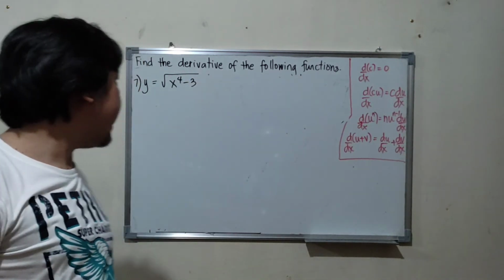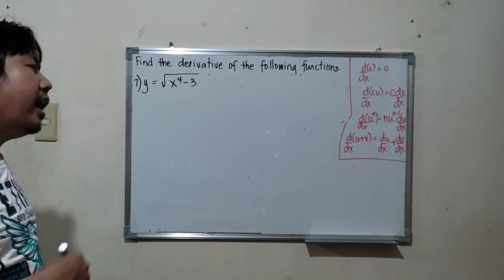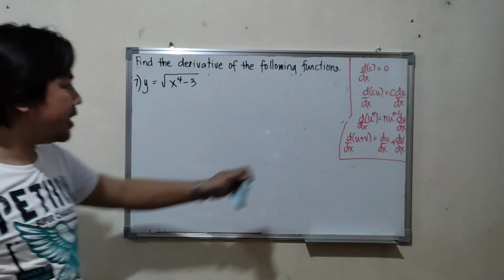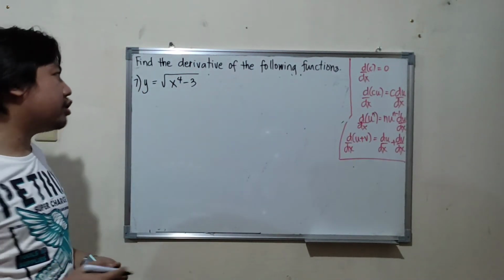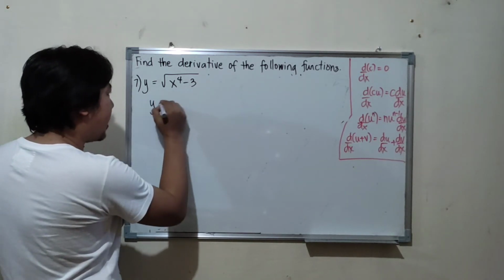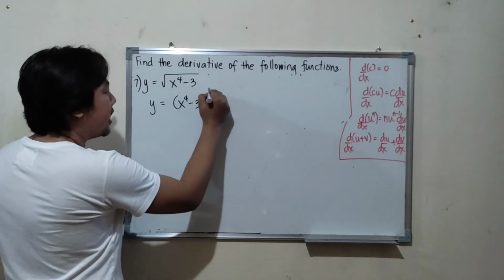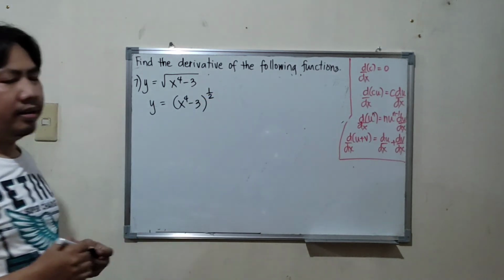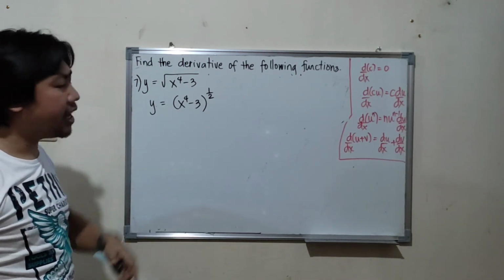Okay, so parang kagaya lang yan ng kanina. So isulat muna natin as rational exponent para magamit natin ang u to the n. So radical square root, so this can be written as y equals x to the fourth minus 3 raised to 1 half.